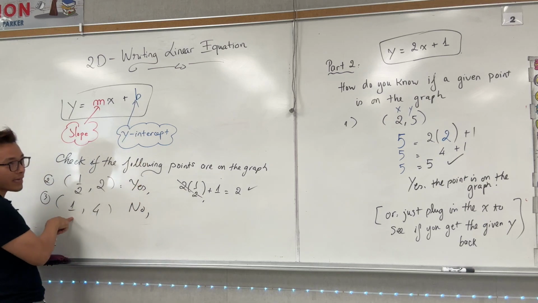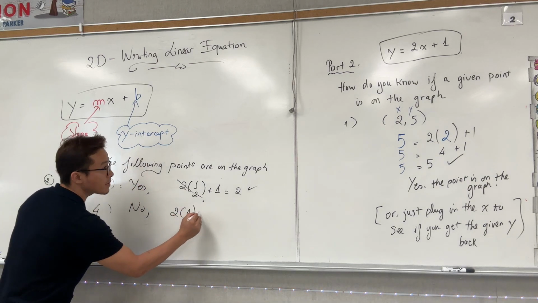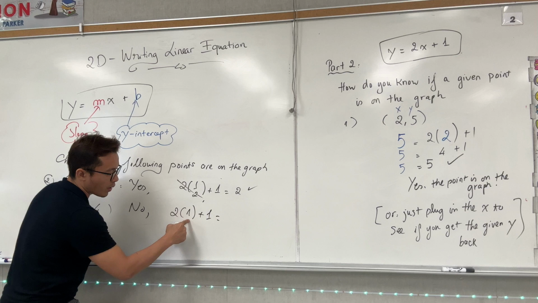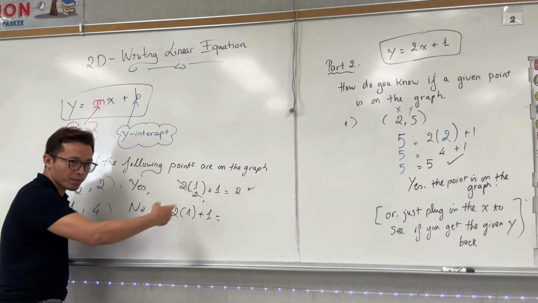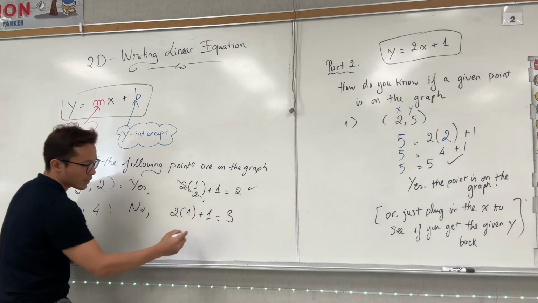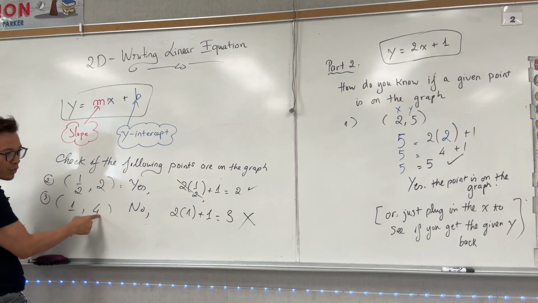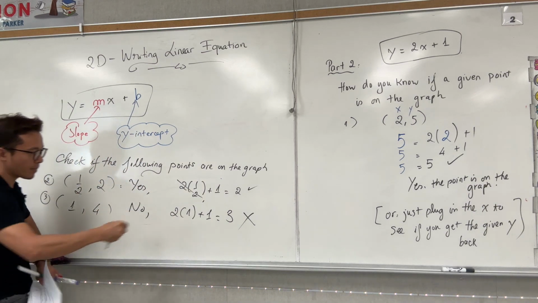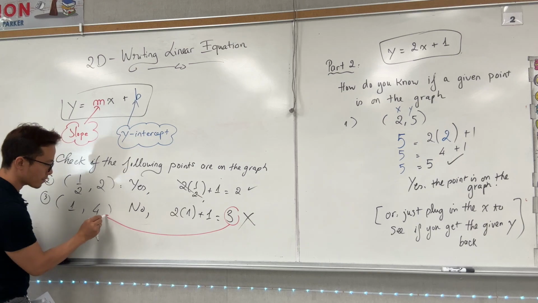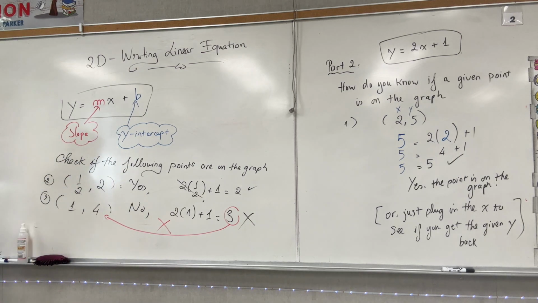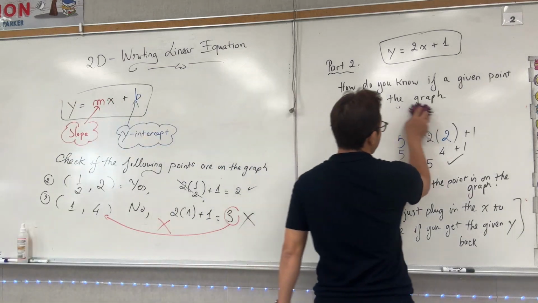So when I plug in the x, I have 2 times 1 plus 1. 2 times 1 is 2, and 2 plus 1 is 3, right? And 3 is not matching with the 4. Okay? Not matching with the 4. So no, it's not on the graph. Easy. 1 point for Areli.